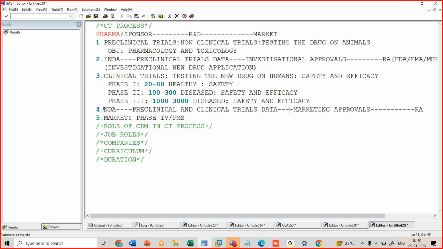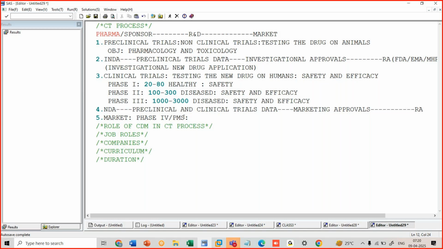Regulatory people will decide whether to approve the drug or reject the drug, whether to give approvals or not. So this is what the NDA application is. NDA is a new drug application.